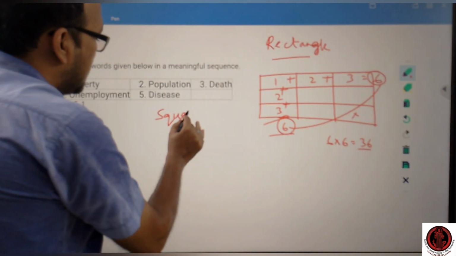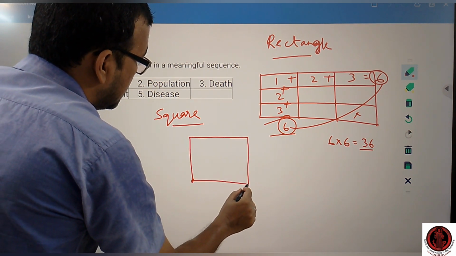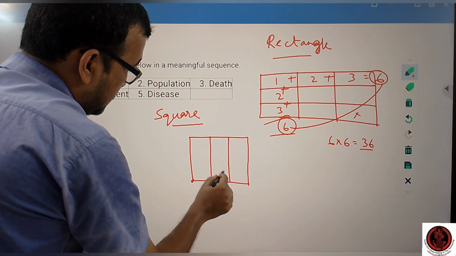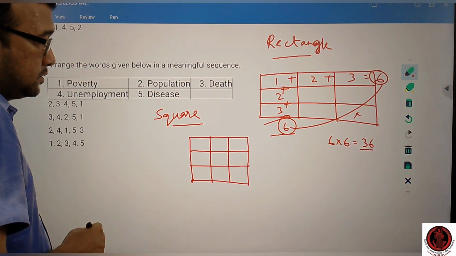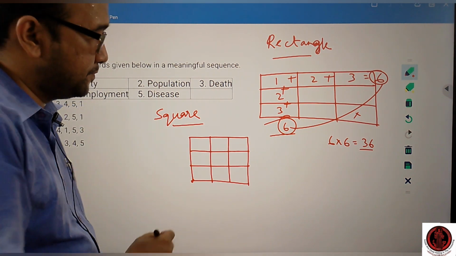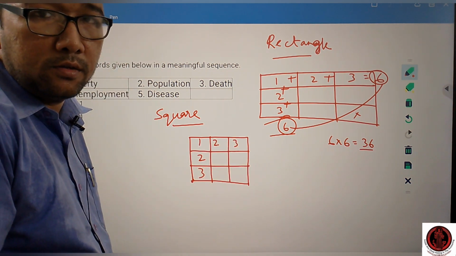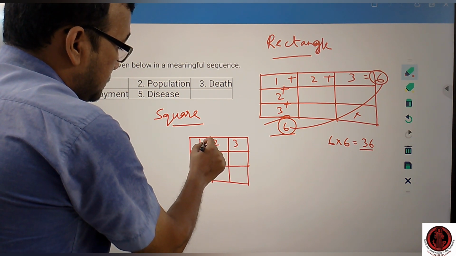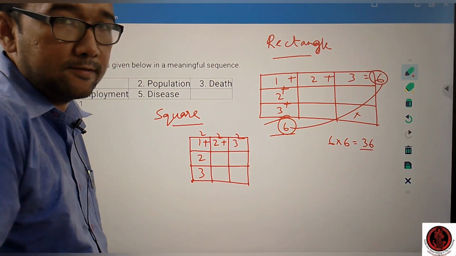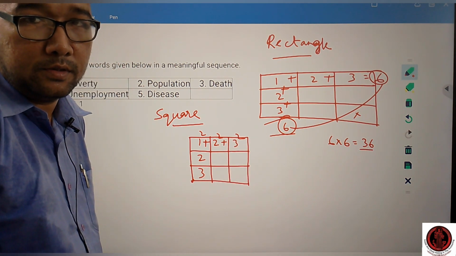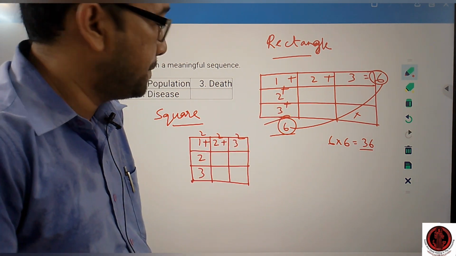Next type, square counting. Suppose this is a square. Now the question is how many squares are there? So 1, 2, 3, then again numbering 1, 2, 3. The method is different from the rectangle.